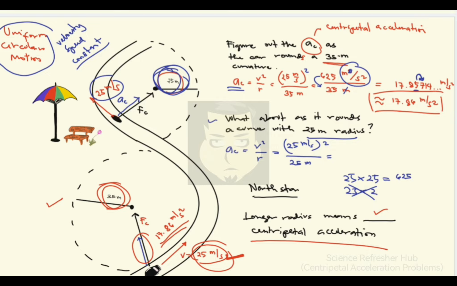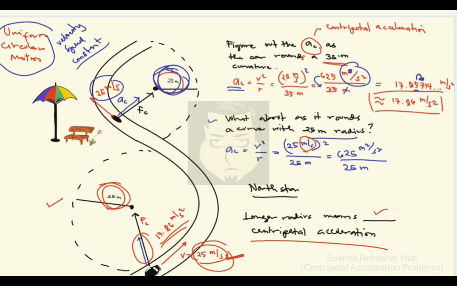And the unit inside our parenthesis, we will still do the same. Meter times meter, we have meter squared. Over second times seconds, we have second squared. So our answer is 625 meter squared second squared divided by 25 meter.